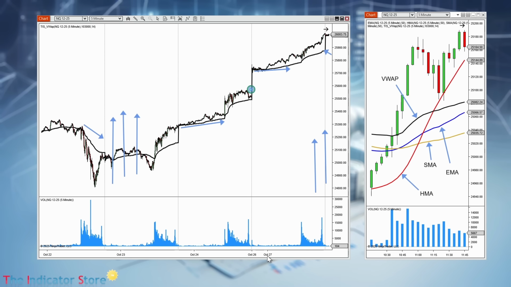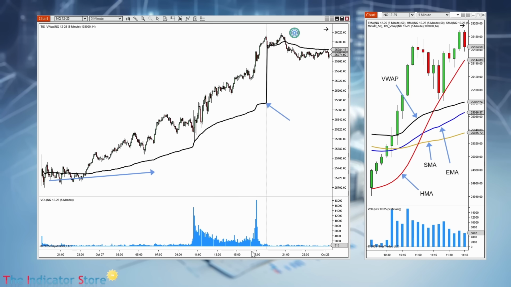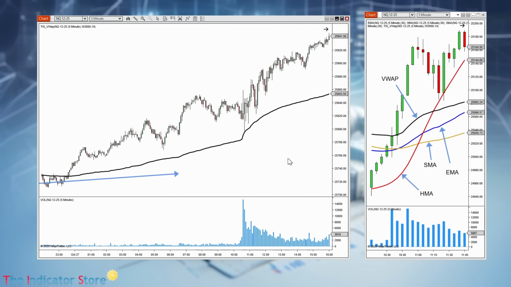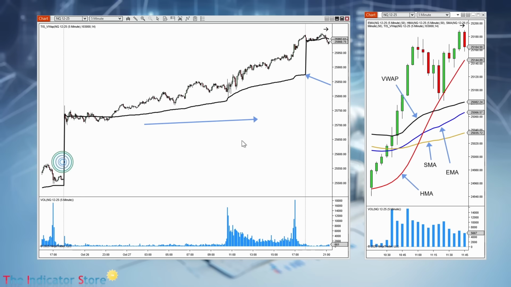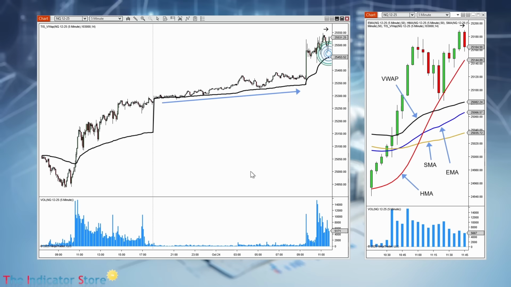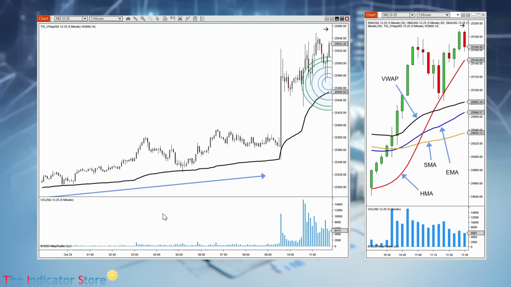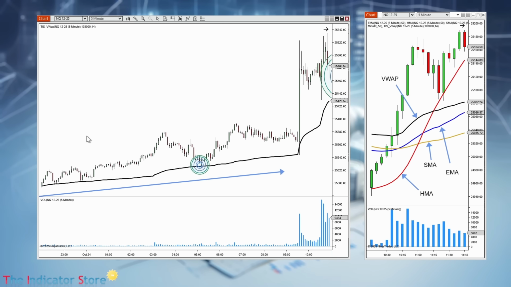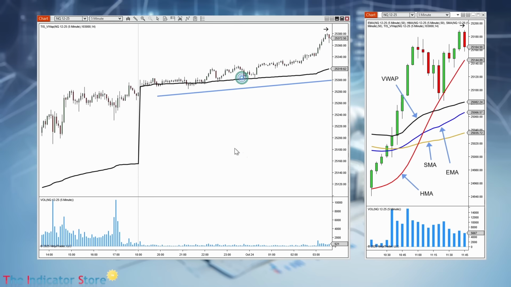Another important thing is to check how perfect the retracements are to this line. For example, here, here, here, here.